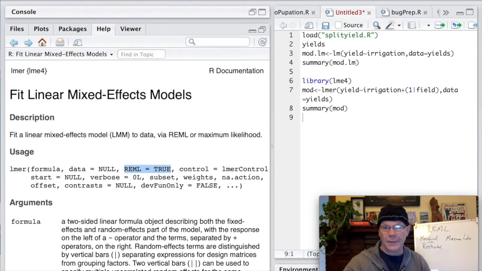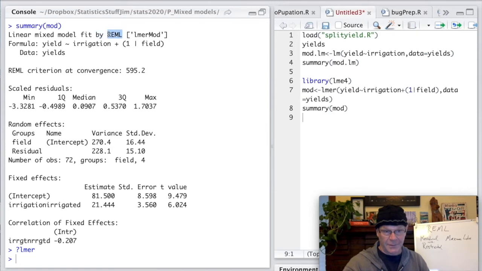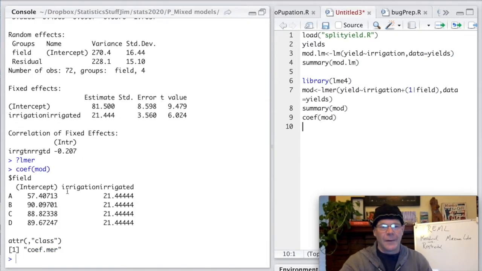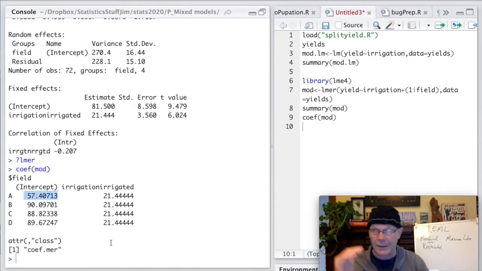And so we could even look here. Let's go back to where we can see what REML did, right? So here's our REML. Here's our random effects again. Here's our fixed effects. And if I were to use this function called coef, which will give me the coefficients, here we can see the different intercepts, because again what we did is we allowed each field to have its own intercept, so its own baseline, and these are the means within the group. So here's that field A, which always looked like it was underperforming compared to the other three fields.